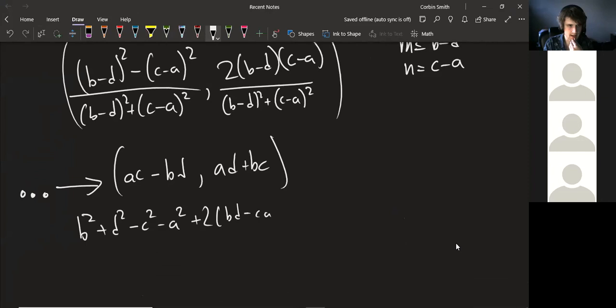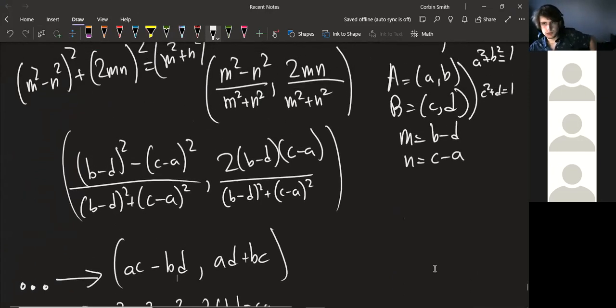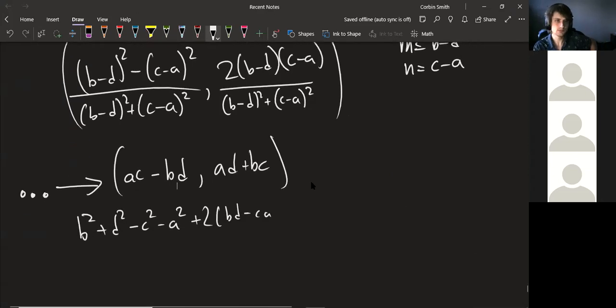And it should be minus BD. No, the 2(BD minus CA). It should be a plus CA all the way down. Why a plus CA all the way down? No, scroll down, in the b squared plus d squared minus c squared minus a squared. It would be minus 2AC. So it would be minus 2AC. Ah, there we go. So that's going to be AC minus BD. There we go.